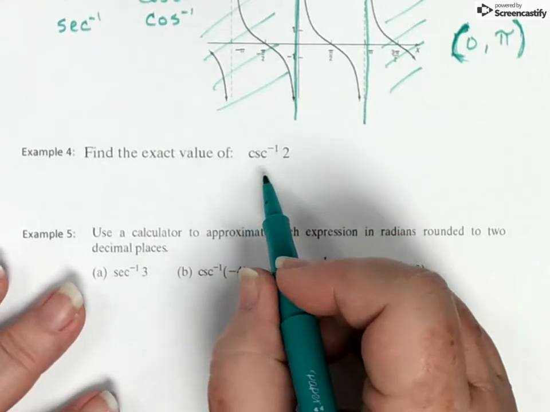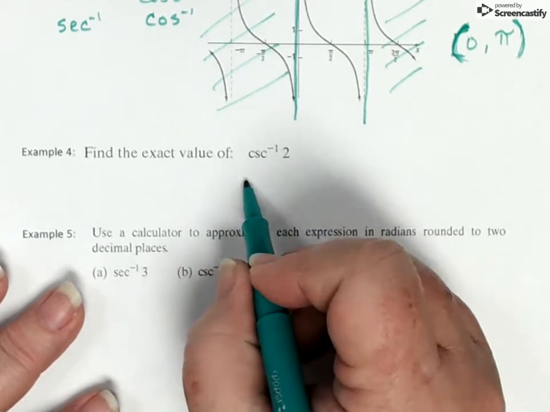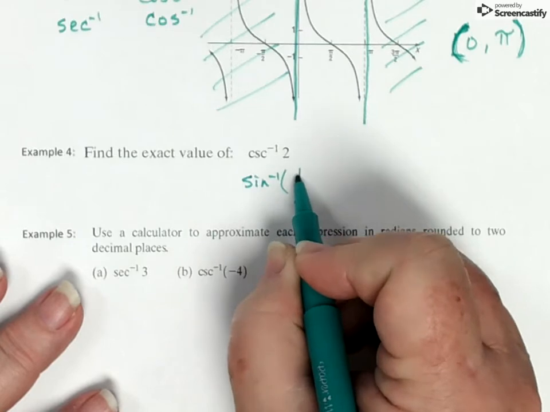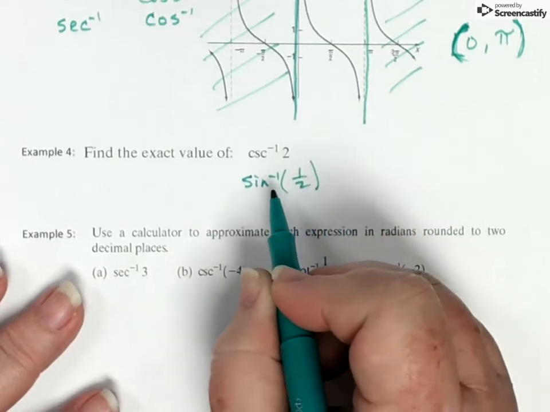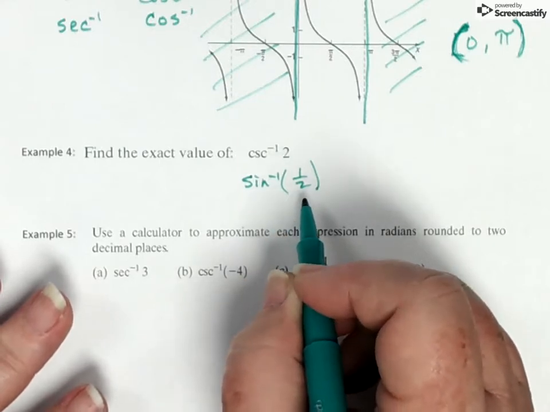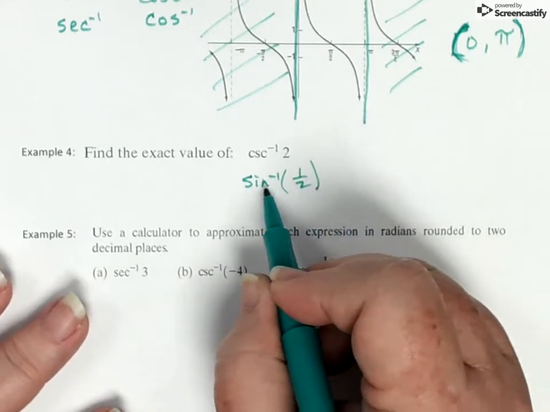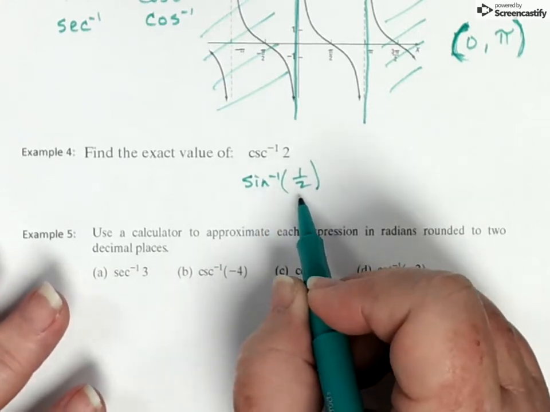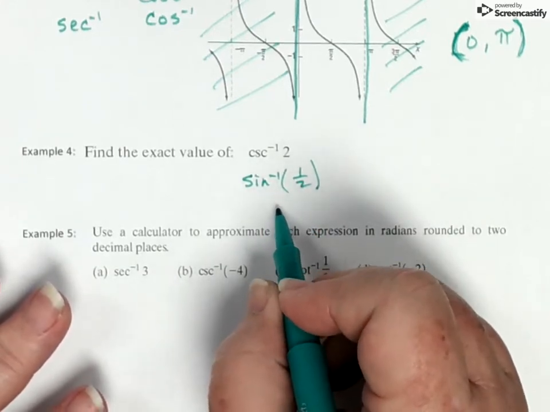But I want you to recognize that the way I can solve that is I can rewrite the problem as inverse sine of the reciprocal. So inverse sine of 1/2. Well, where is the sine value equal to 1/2? The inverse sine of 1/2 is pi over 6.